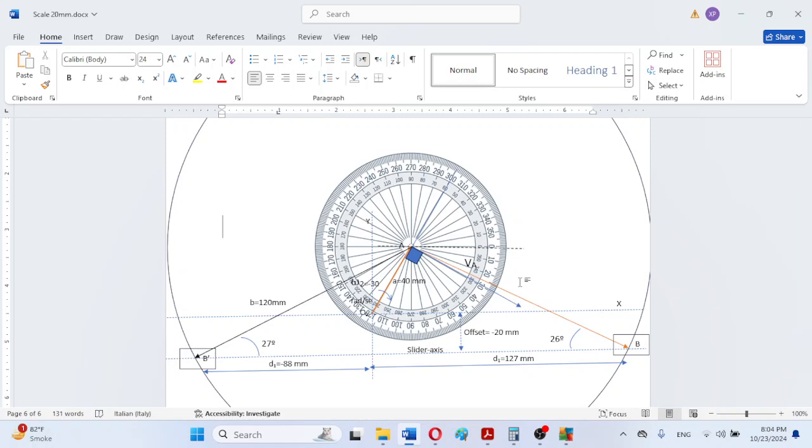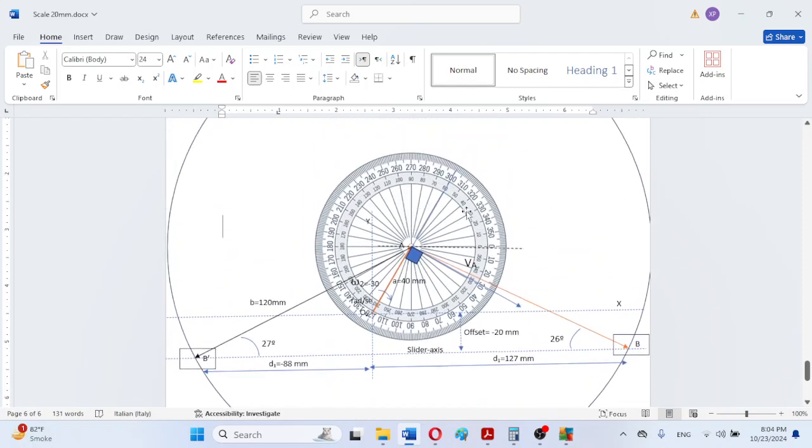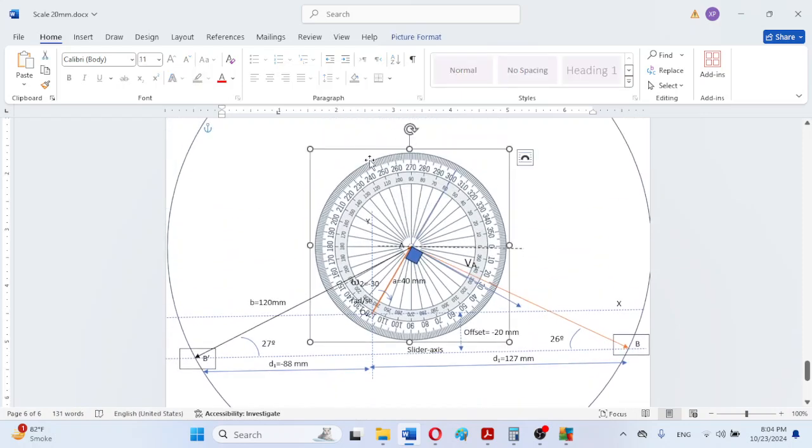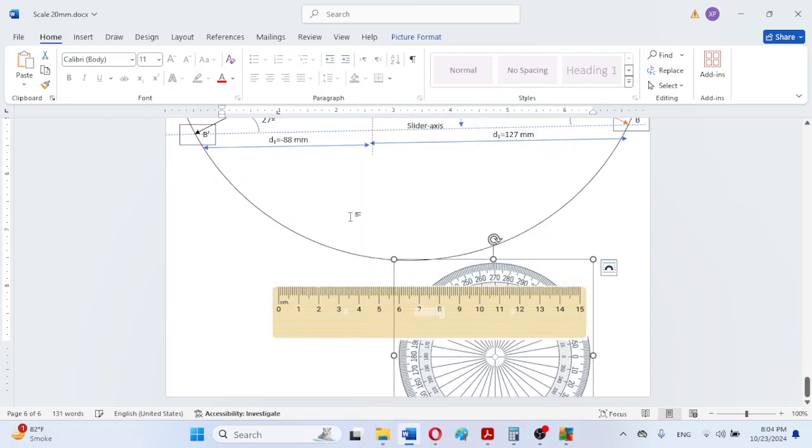Now first of all, we must write the velocity equation.